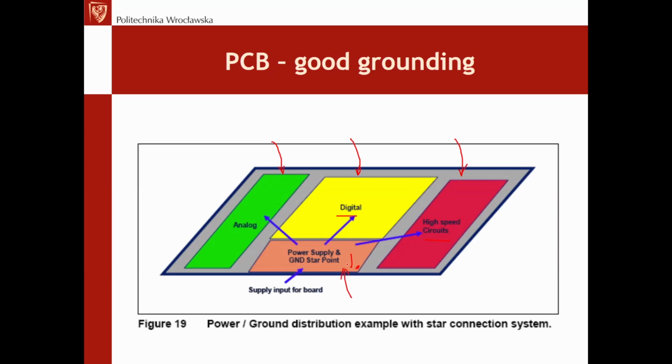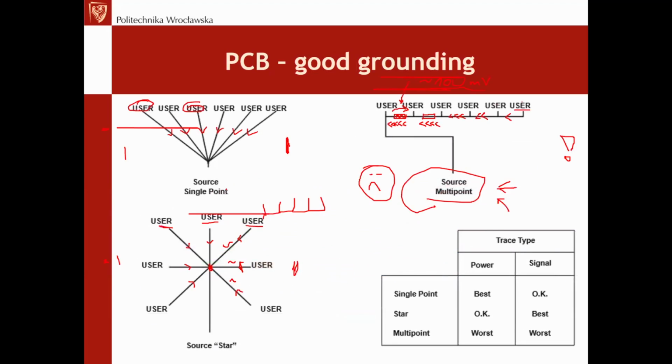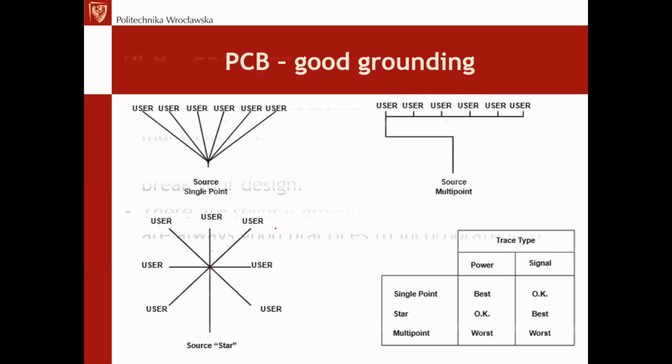First of all, it's much easier to make a good grounding here, because then we can make large, thick, low impedance connections from each of those groups together, and we can easily form the star or single source point configuration.